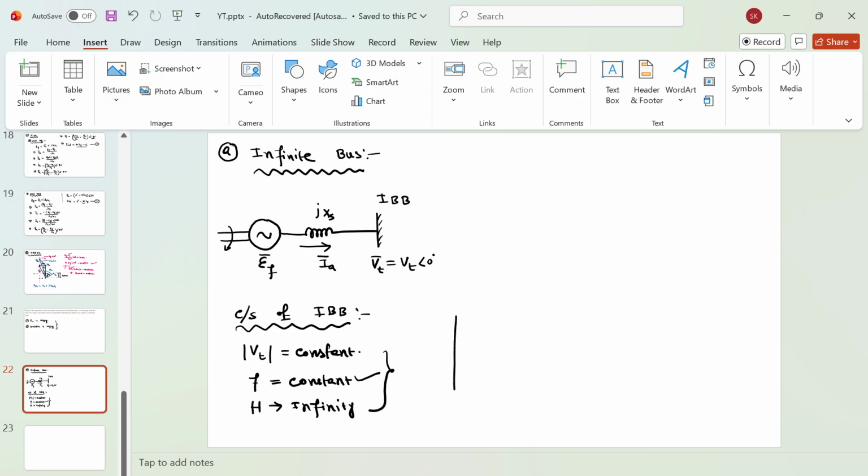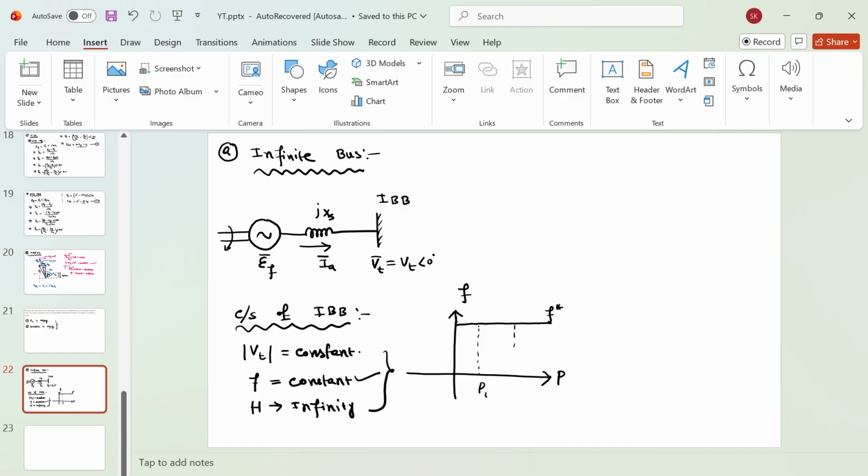I can draw for you the bus bar characteristics in a graphical way. Let's say you have the infinite bus bar, and let's say you have this frequency of the bus bar, and you are drawing some power. So it has zero droop. That means you can take whatever power you want to take, but there will not be any variation in the frequency. Let's say you are drawing P1 amount of power, then also the frequency will be F star, maybe the rated frequency you have.